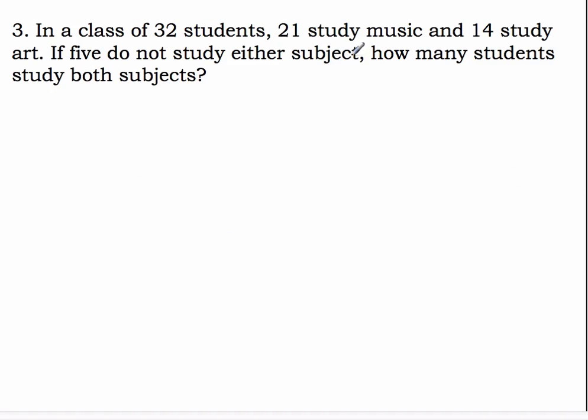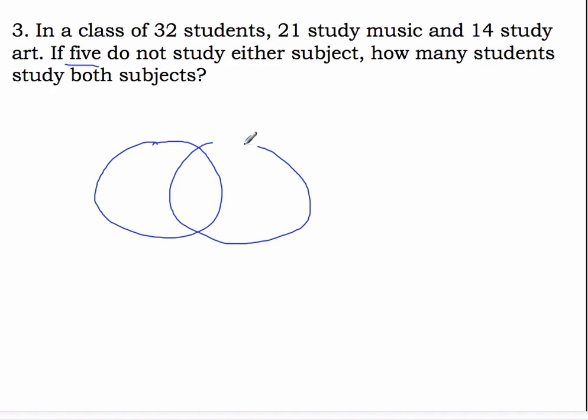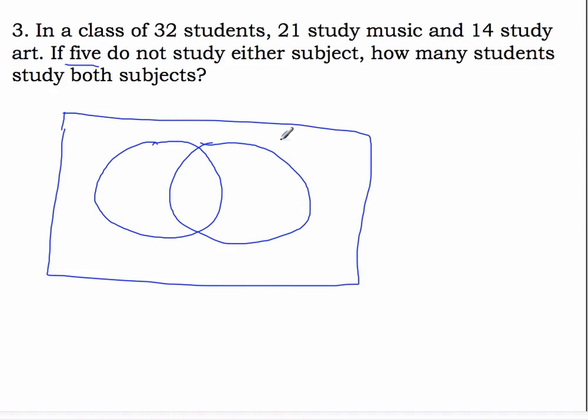Okay, next example, we have 32 students, 21 study music, 14 study art, 5 students do not study either. So let's set that up now. Try to draw a nice Venn diagram. We have 5 who study neither, so 5 is going to be out here. Let's call this music and this art.